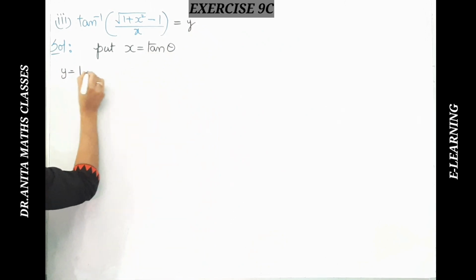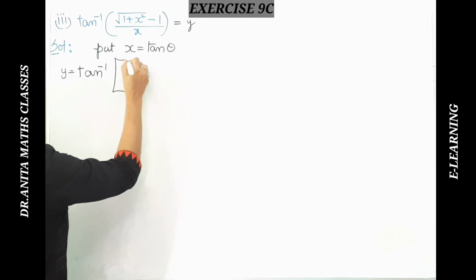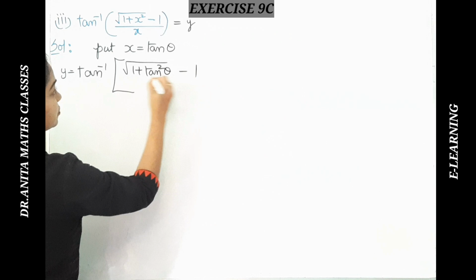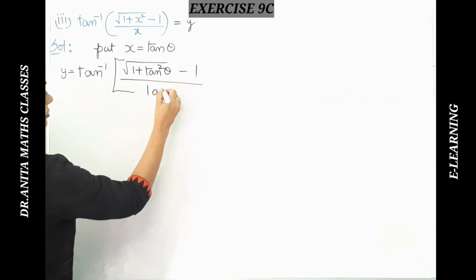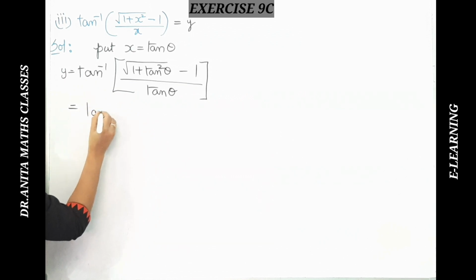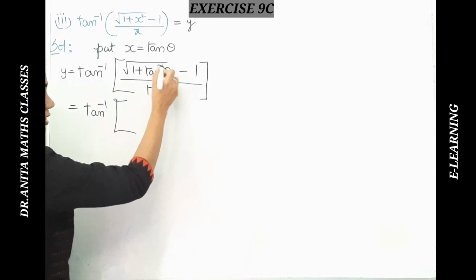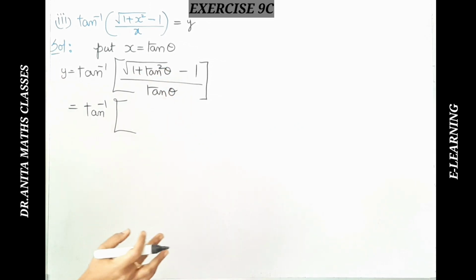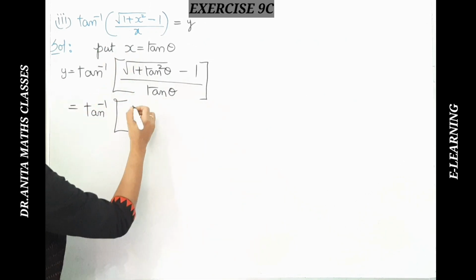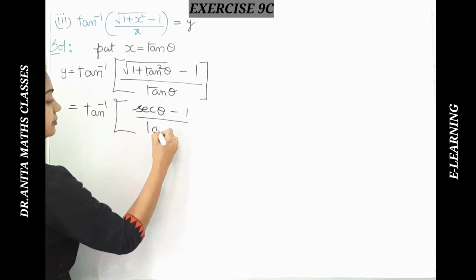So y equals tan inverse of 1 plus tan square theta under root minus 1 upon tan theta, just x. Here 1 plus tan square theta is secant square theta, a trigonometric identity. Secant square theta under root gives just secant theta, minus 1 by tan theta.